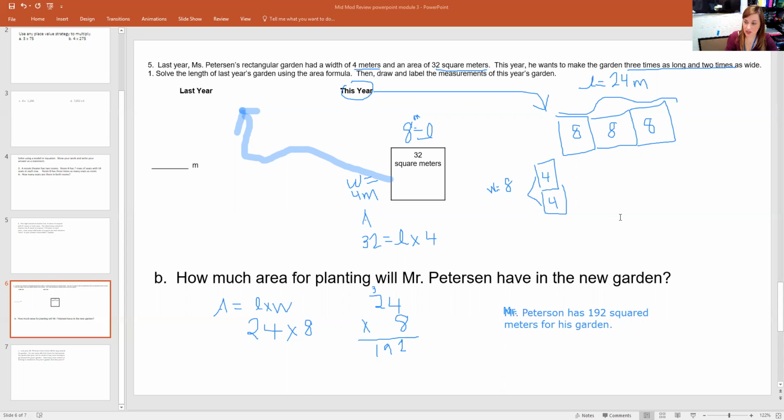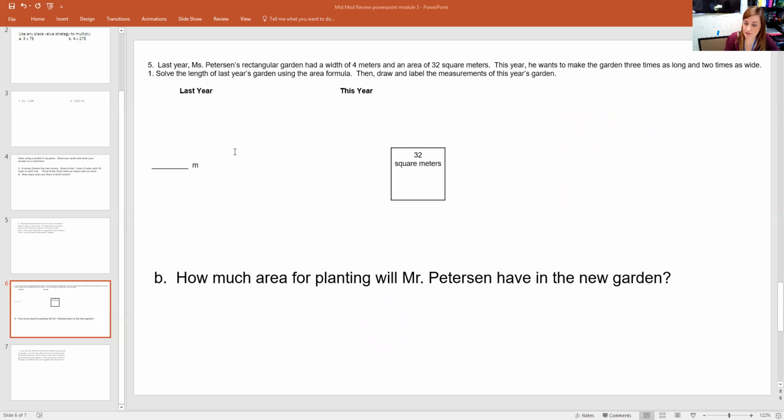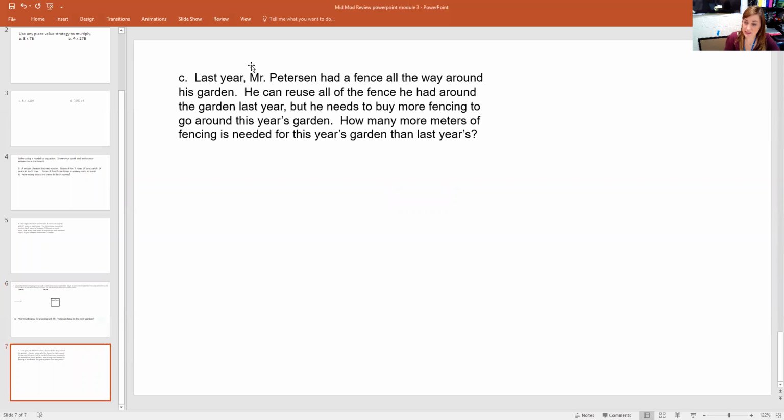Okay, so now let's go ahead and look at the next one. All right, let me clear this. Okay, looking at this next one, it says last year, Mr. Peterson had a fence all the way around his garden. He can reuse all of the fence he had around the garden last year, but he needs to buy more fencing to go around this year's garden.